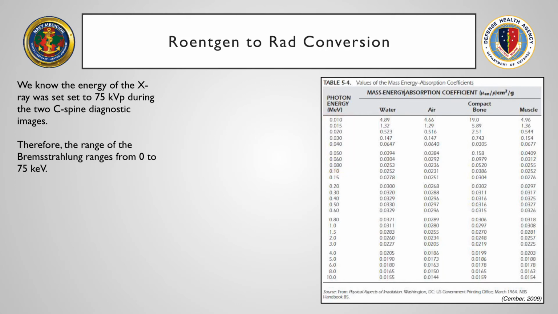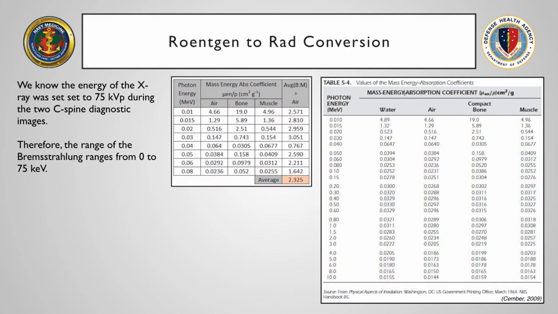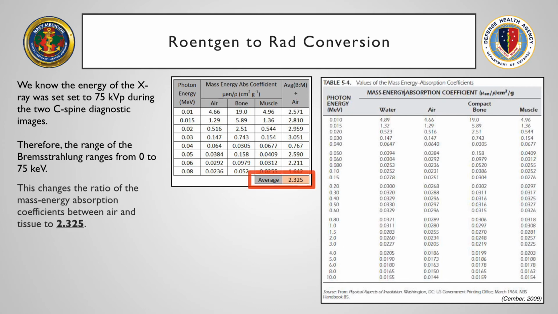We take the mass energy absorption coefficients from air and then compact bone and muscle. I take all of those values and put them into the Excel spreadsheet. Same method as before, I take the average of bone and muscle to determine my tissue mass energy absorption coefficient, divide it by the air, and average all of those values out, and I'm left with an average value of 2.325.